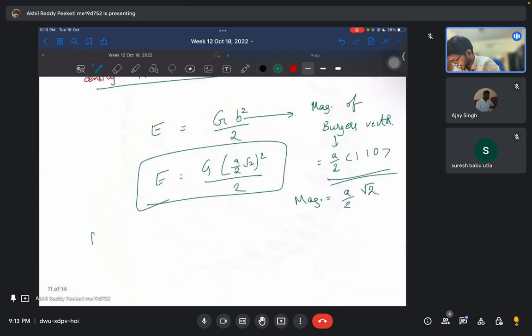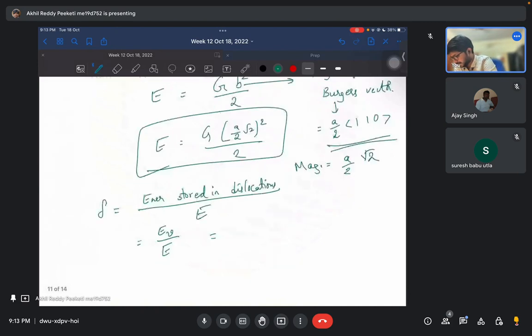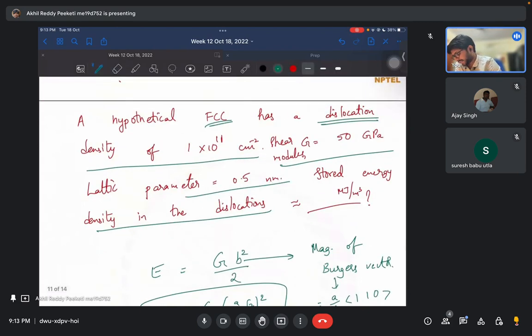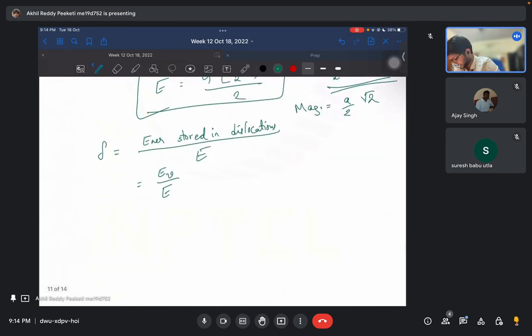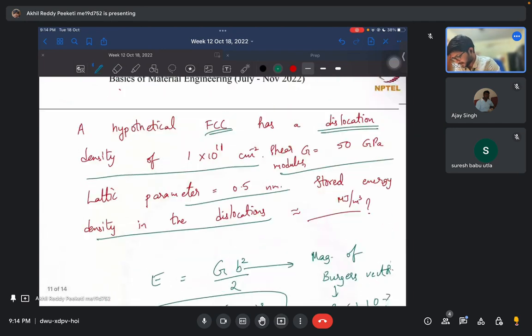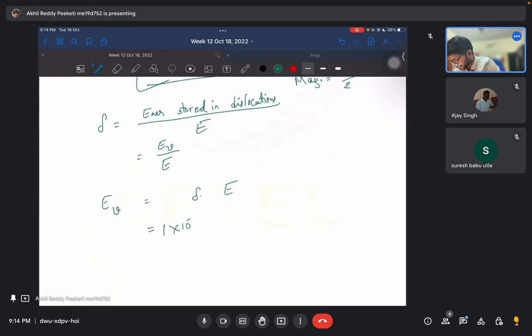Now the dislocation density is the ratio of energy stored in dislocations to the total energy. The dislocation density is given to us. We need to only estimate the energy stored in the dislocations. So it's given as 1 into 10 power 11 centimeter minus square.